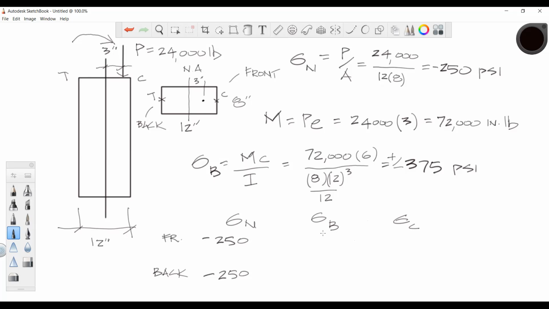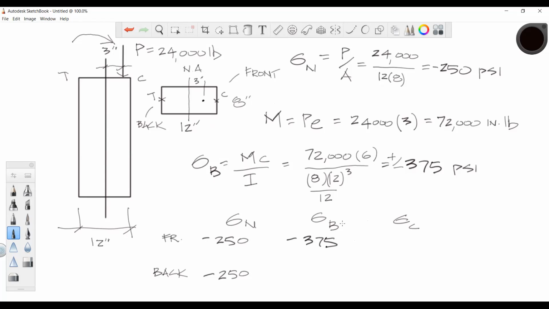All right, what's true about the bending stress on the front? That's compression, right? So we're going to add to that a negative 375. So when we add that, when you're adding compression, it's always going to be negative, right? Well, let's just qualify that.